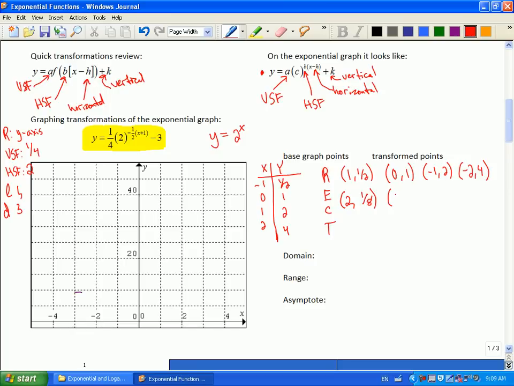This will be, what do we have here? 0 and 1/4. Then I'm going to have -2, and times it by a quarter gives me a half. And this one here is going to be -4 and 1. This time we'll do translations, moving them left 1 and down 3. Left 1 puts this one at 1.